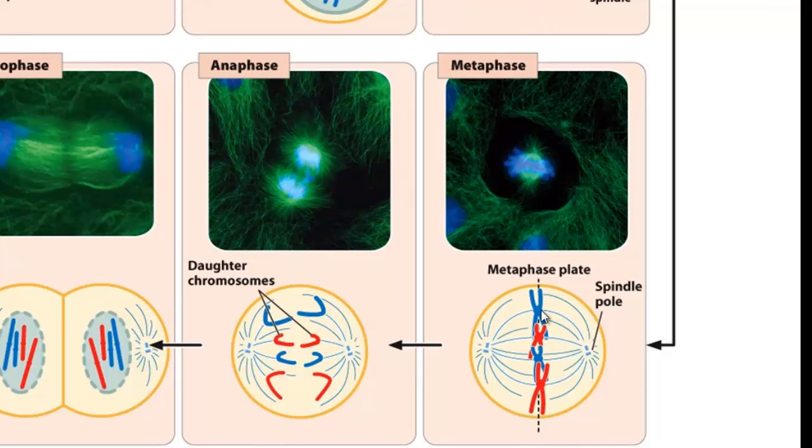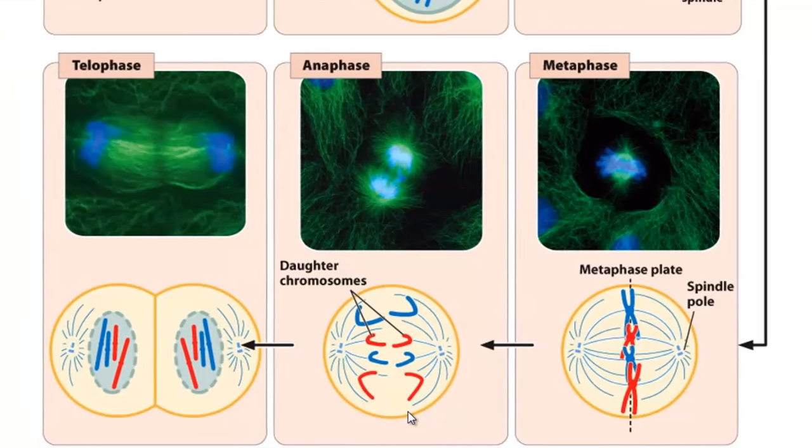At this point, each chromosome has 2 spindle fibers, one going to each spindle pole. And during anaphase, then, the kinetochore breaks down, and the 2 sisters separate from each other. One gets pulled to one pole, the other gets pulled to the other pole. And this happens separately for all of the chromosomes.